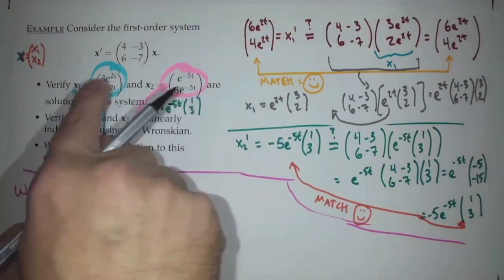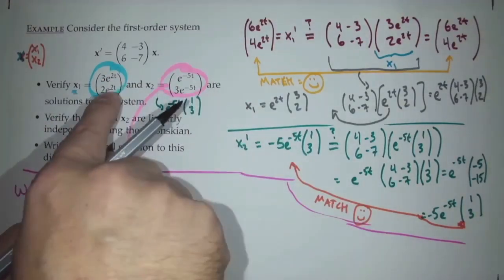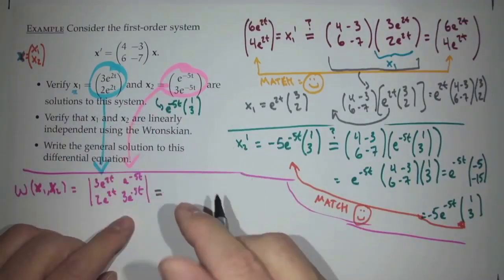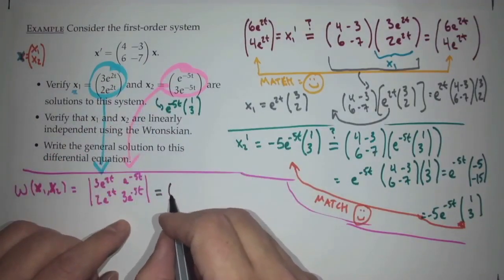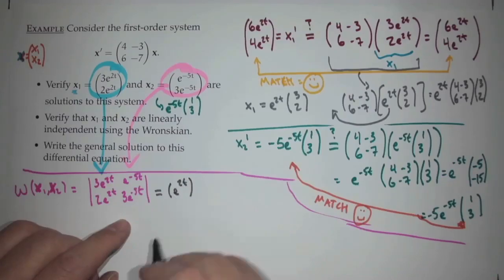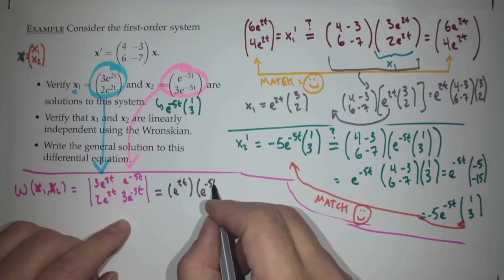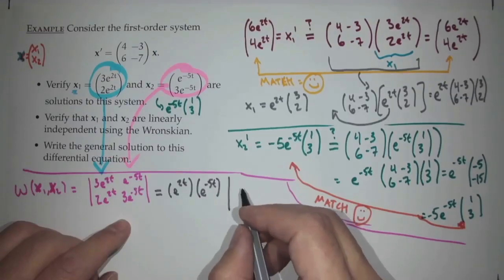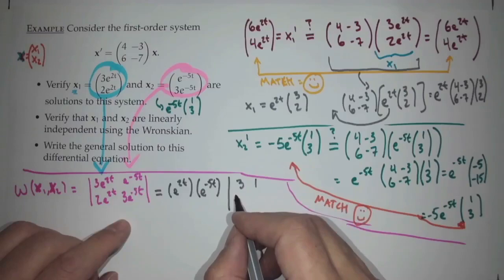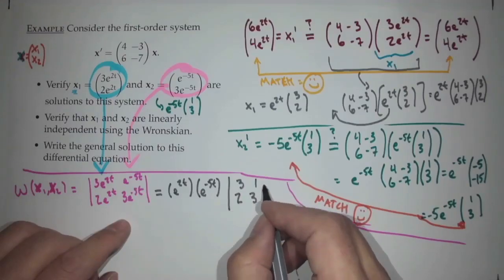Now that should be expected because of the way that we construct the columns. The columns are from the functions, and the functions have things in common. So from the first column, we'll factor out e to the 2t. From the second column, we'll factor out e to the negative 5t. And then we're left with 3, 1, 2, 3.